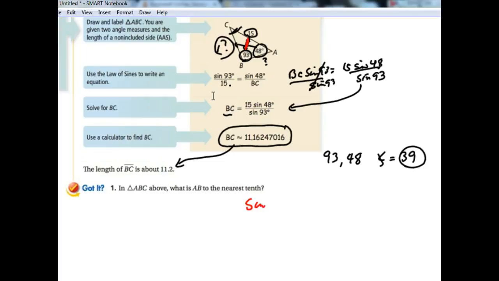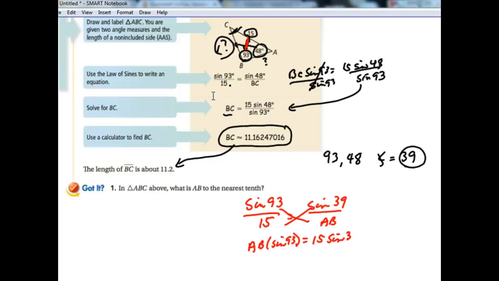So I'm going to say the sine of 93 is to 15, because that was the pair actually given to us in the original problem, equals the sine of 39 degrees, because C would be across from AB, is to AB. Again, if we cross multiply to solve this, we're going to get AB times the sine of 93 is equal to 15 times the sine of 39.